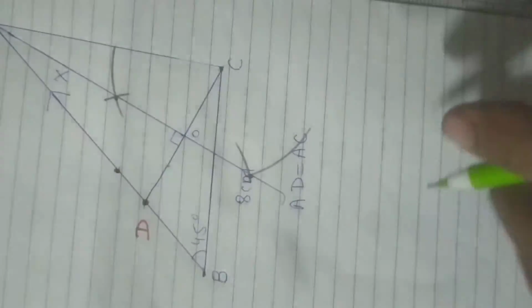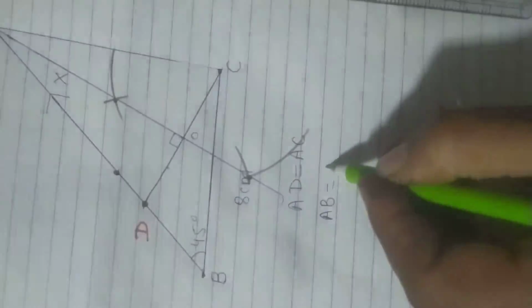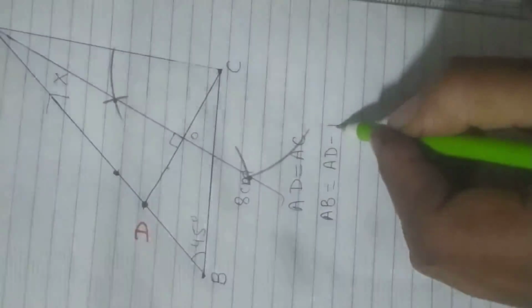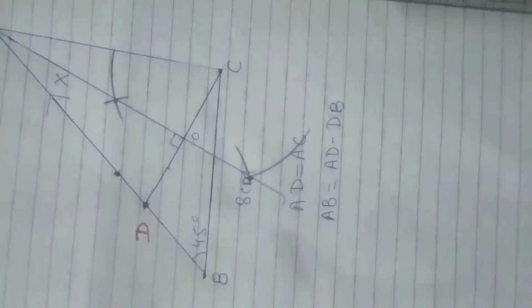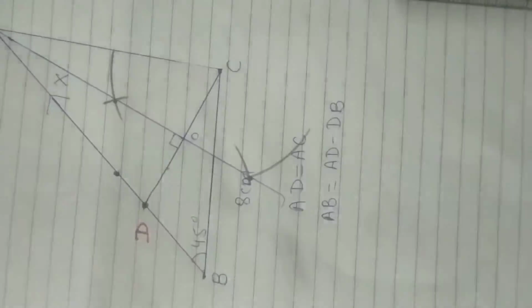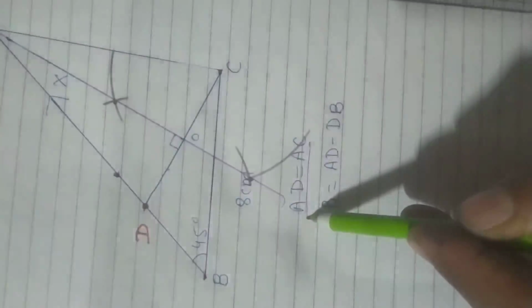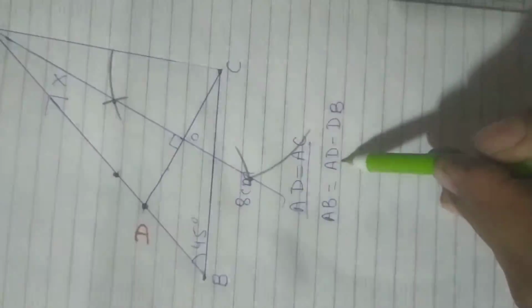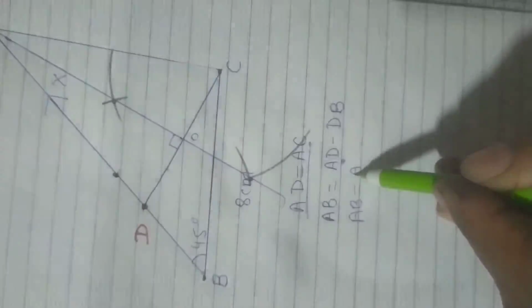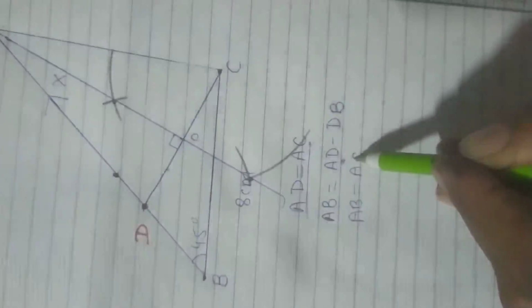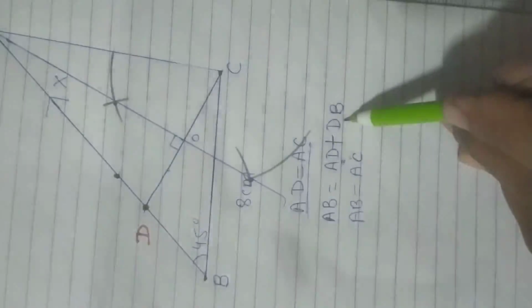Also, this total AB is equal to AD minus DB, correct? AD minus DB. But as this is equal to AC, putting it here, sorry, it was AD plus DB.